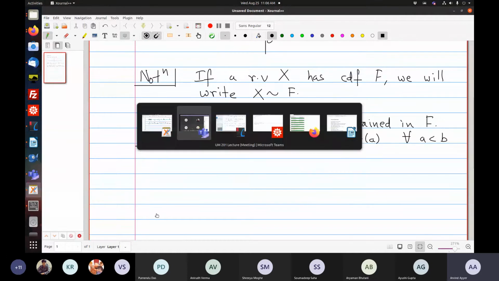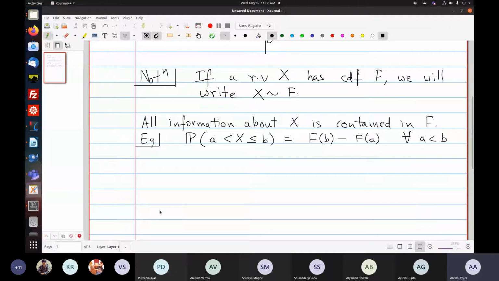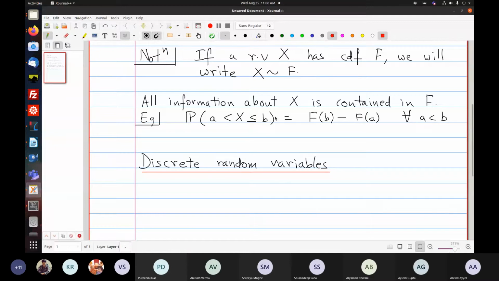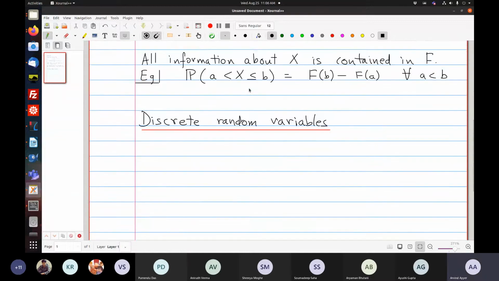Okay, so now I'm going to describe two kinds of important random variables that we are going to be dealing with throughout the course. So the first one we have is the one that we are most familiar with so far. So two kinds of random variables. The first are called discrete random variables. So let me define these.